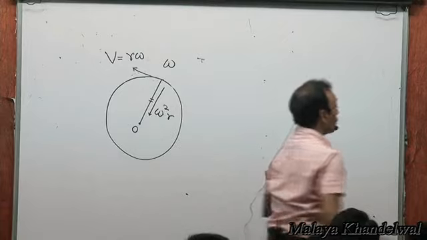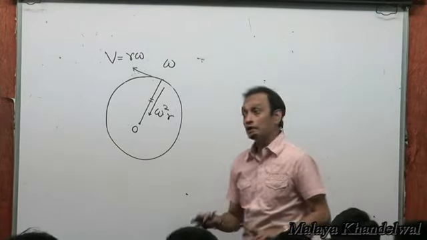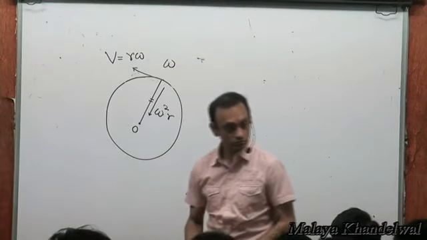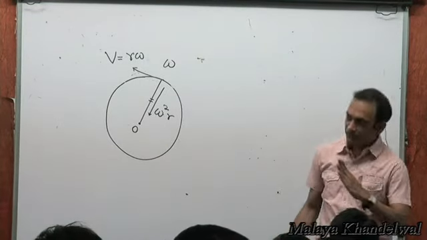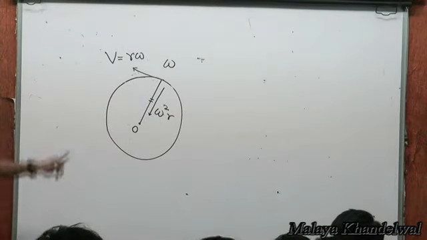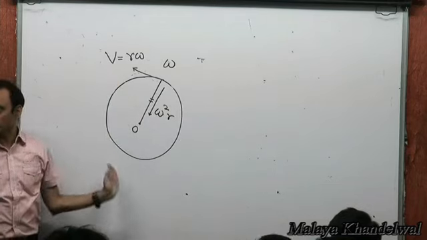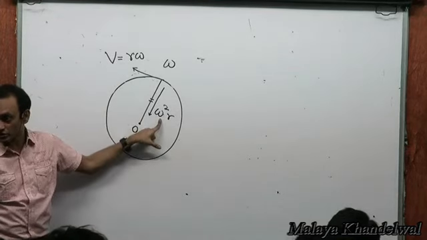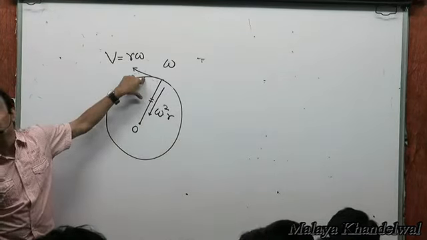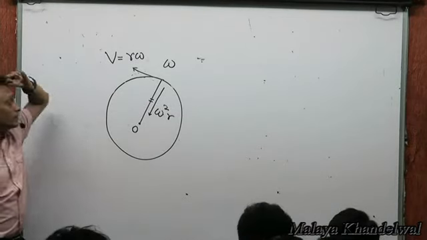If the motion now is non-uniform circular, see, this is the story of uniform circular motion. The only acceleration that the particle has is centripetal acceleration. It will not change the magnitude of v. It will change the direction of v from instant to instant. Why? Because it is perpendicular to v. Yes or no? You know what I'm saying?